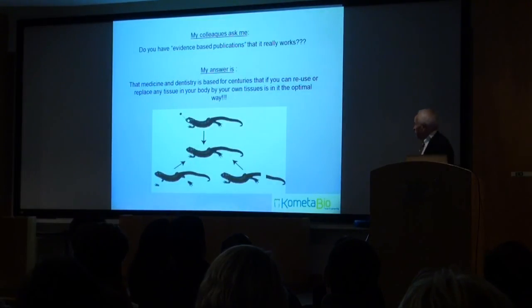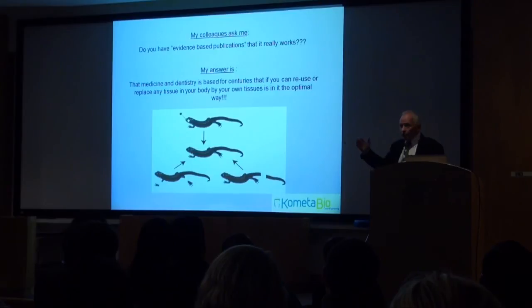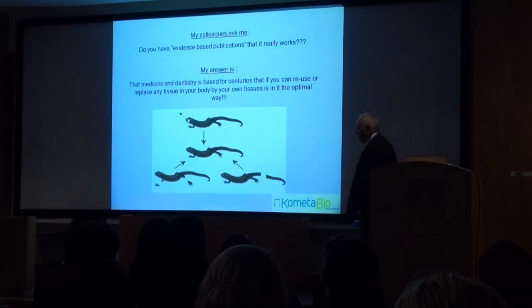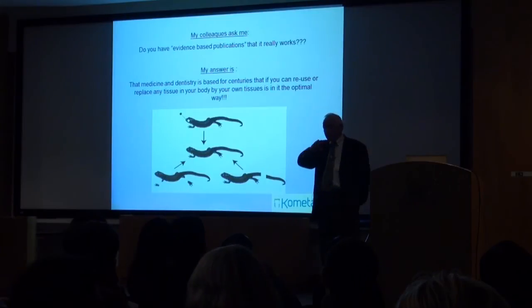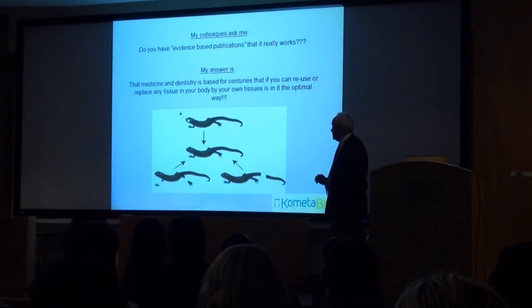And as people ask me many times, do we have an evidence-based publication that it really works? I tried to show you that we don't need it, because for autogenous tissue, you don't essentially need evidence-based publications, unless we replace this tissue with some materials, then we need them, of course.